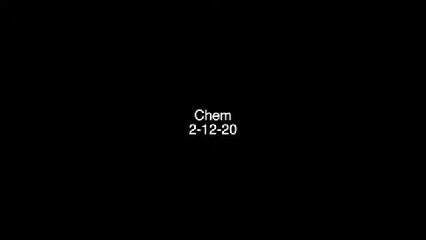I'll make it easy. So let's say, what is the pH of a solution that is 0.1 molar HCl and 0.1 molar HF? Now the HCl is a strong acid, so it's going to dissociate 100%.